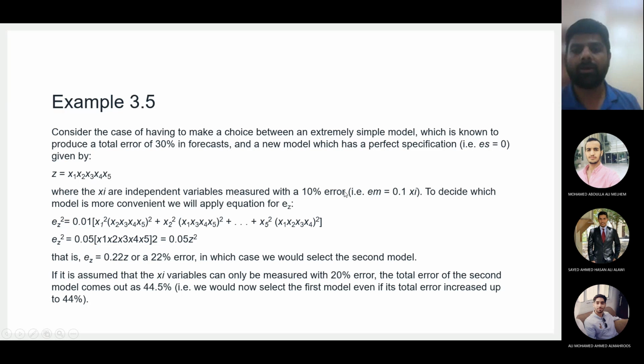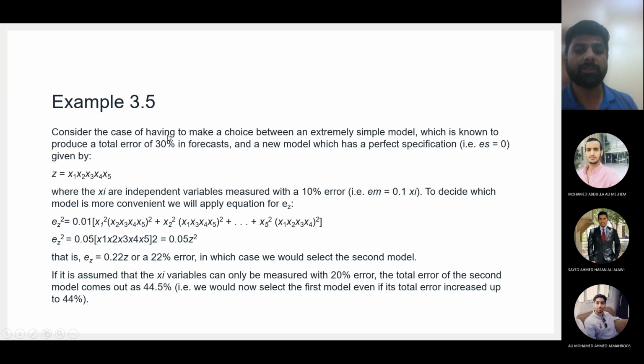All of them have a measurement error of 0.1, meaning 10%. Each x has a measurement error of 10%. So for each x, the measurement error is 0.1 times the x value. So to decide which equation I should go for, should I go for the simple equation which was giving me 30% error, or should I go for this equation, 30% overall?